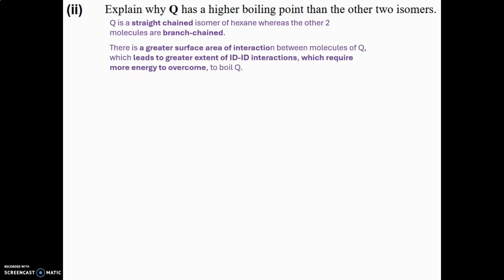First you must mention that Q is a straight chain isomer of hexane. The other 2 isomers have certain degrees of branching. When the molecule is straight chained, there is a larger surface area of interaction between the molecules, which leads to stronger ID-ID interactions and requires more energy to overcome to boil Q compared to the branched chain isomers.